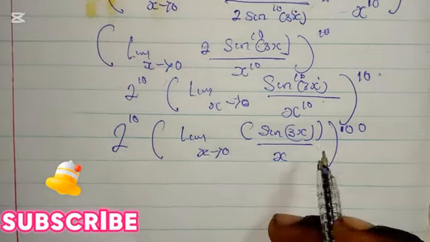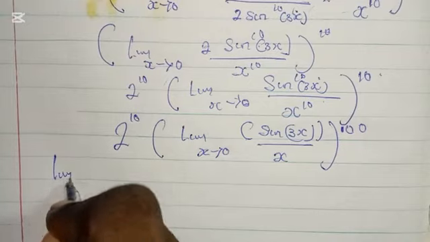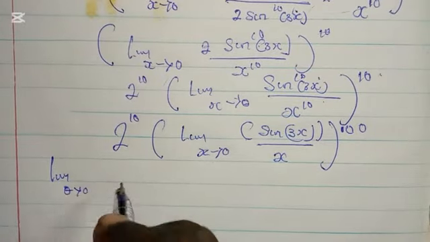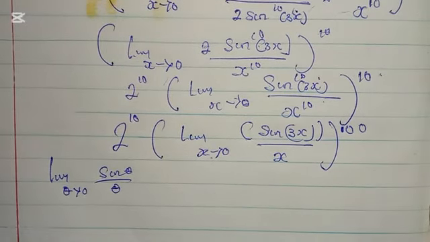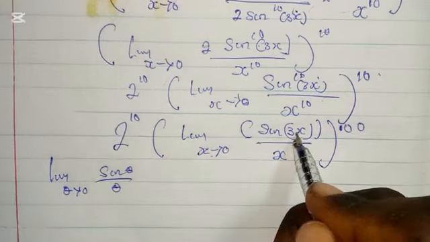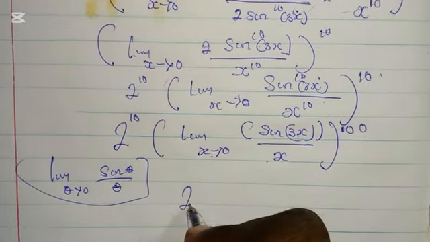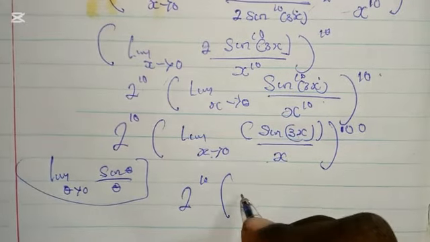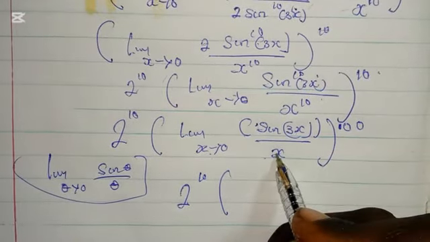Next step, I want us to use this property, the property I stated the other time, limit theta tends to 0 of sine theta divided by theta, but here now we are dealing with x. So I want what is inside this bracket to be in the denominator too. So we can just rewrite this by saying 2 raised to the power of 10 multiplied by, so multiply the numerator and denominator by 3.